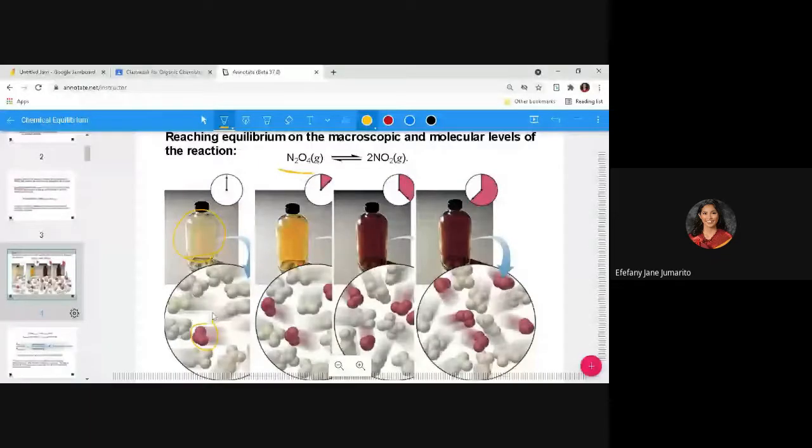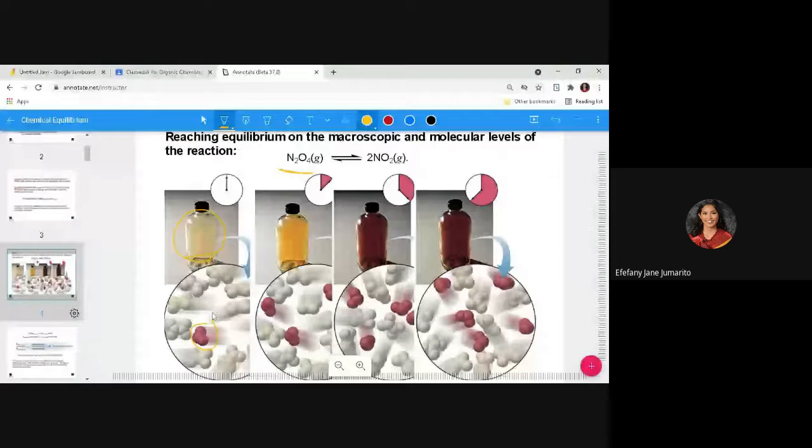At first we have N2O4, which is colorless.